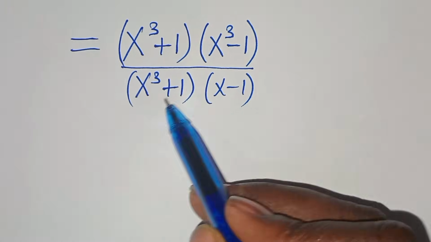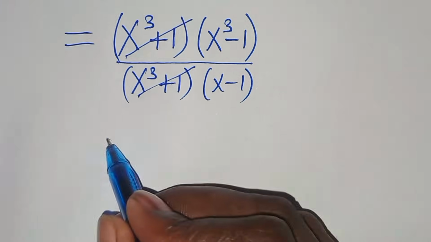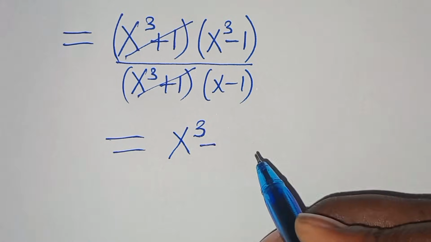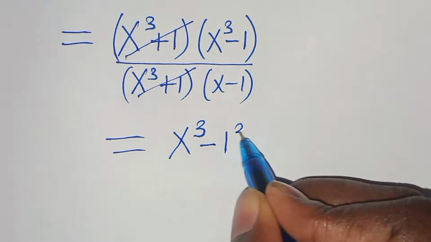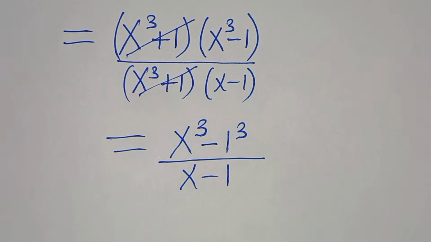You see that x to the power of 3 plus 1 is common here, so we can simplify this so that now we have x to the power of 3 subtract, this is the same thing as 1 to the power of 3 divided by x minus 1.